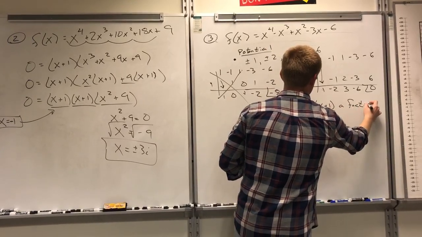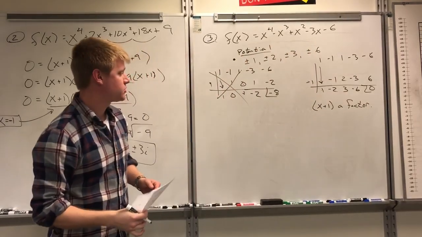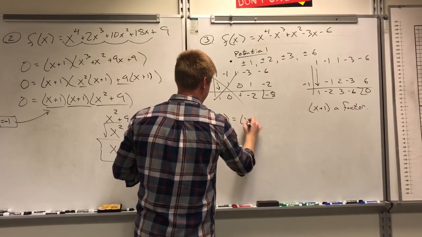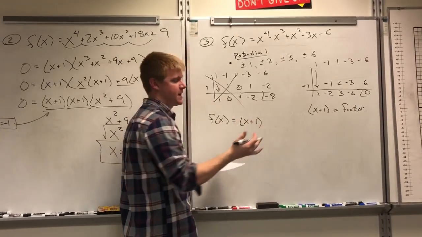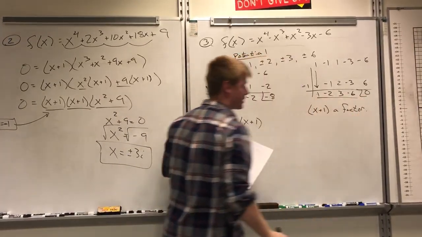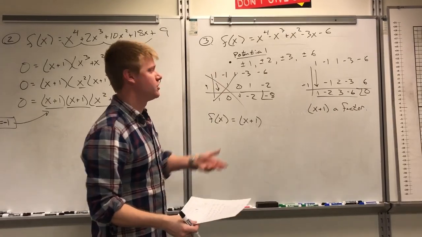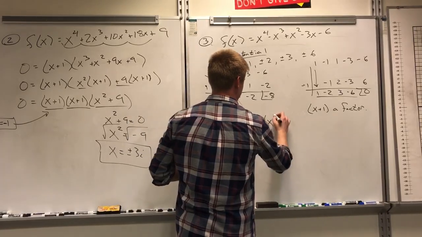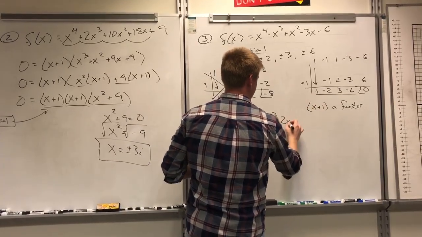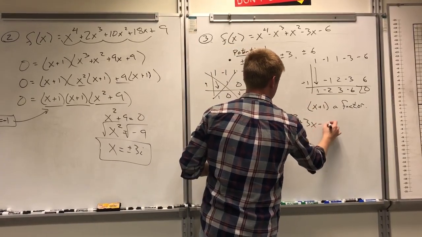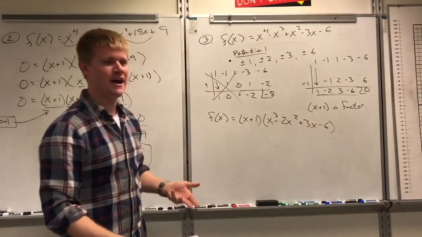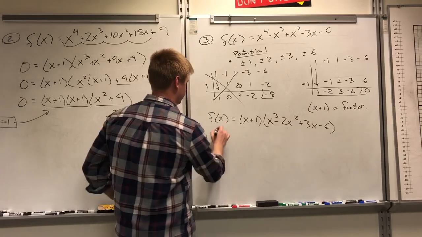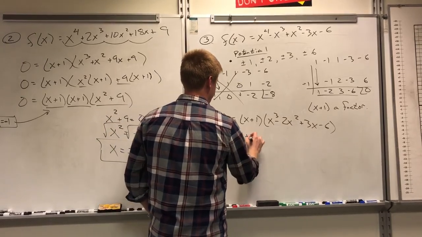And now let's continue, just like we did in the last question. I can make f of x equal to x plus 1, the factor we just found, and use these 4 coefficients to write the remaining polynomial, decreasing the degree again by 1. So that's going to leave us with x cubed minus 2x squared plus 3x minus 6. Again, hopefully these patterns will start to jump out at you. 4 terms, I want to factor by grouping to get the remaining solutions.